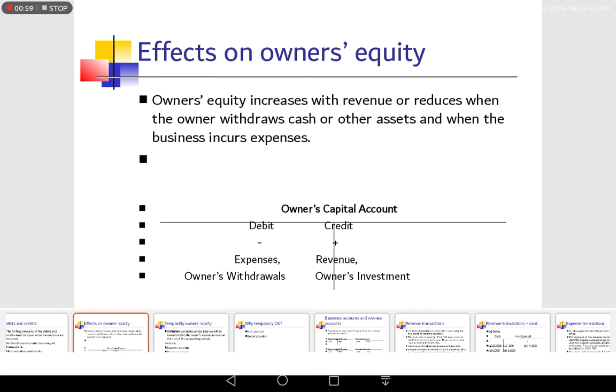A stands for assets, L stands for liabilities, I stands for income, C stands for capital, and E stands for expenses. With A and E at both ends, I always debit. That is the assets and expenses. Then with the ones in the middle, that is the liabilities, income, and capital, I always credit.